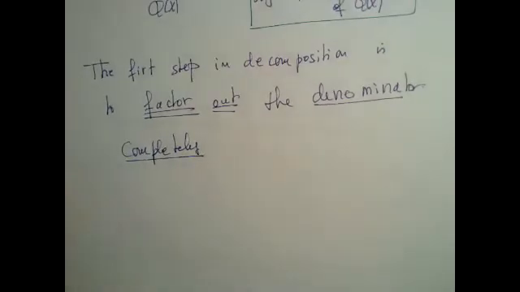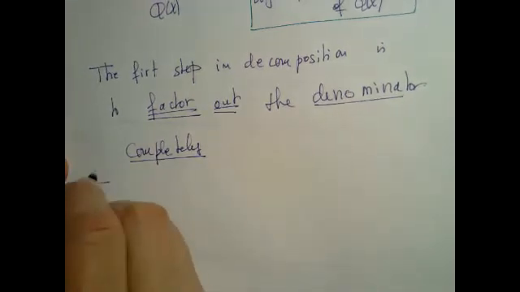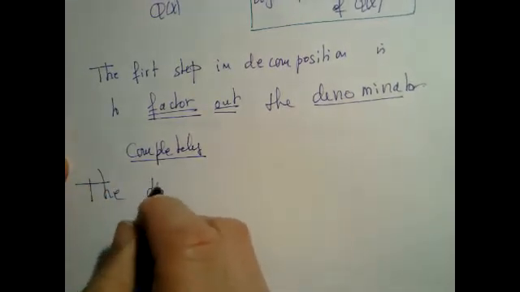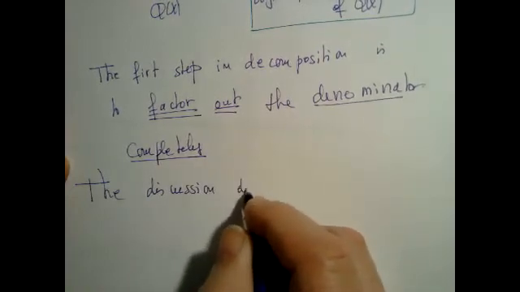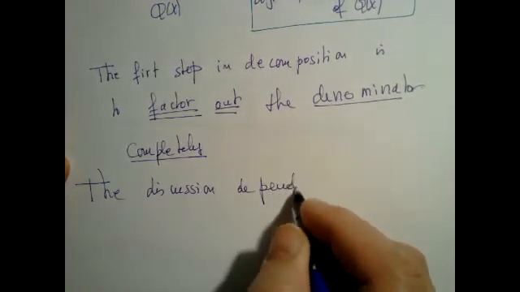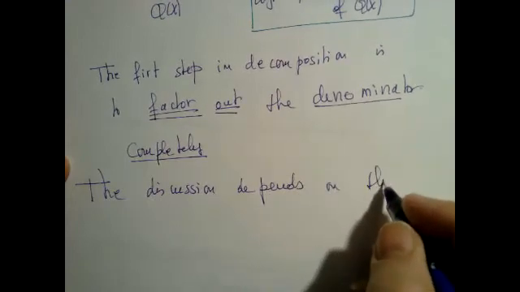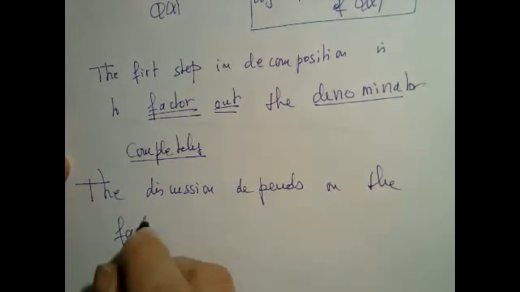And then our technique that we're going to develop will depend on the factors that will show up in the denominator. So the discussion depends on the factors of the polynomial, of the denominator.